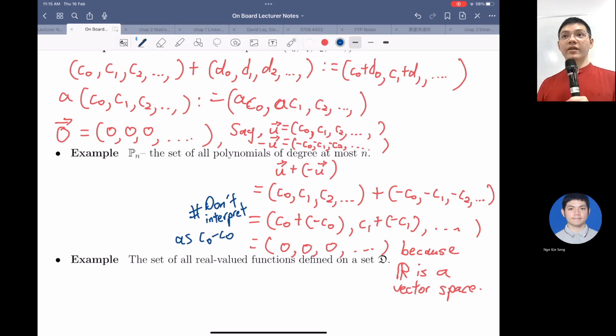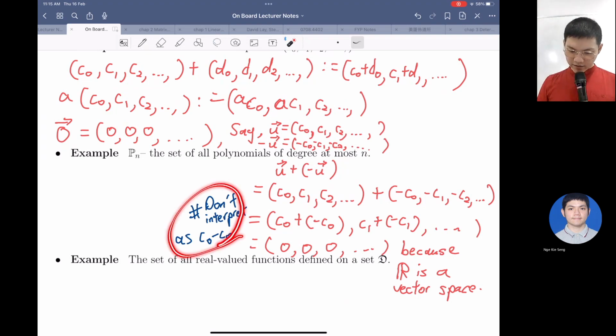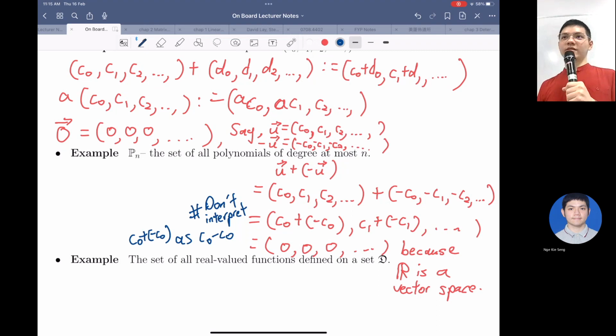Really, what is minus c0? Minus c0 is the thing that you add to c0 to get 0, because R is a vector space. So we don't interpret c0 plus minus c0 as c0 minus c0. This is the formality of the mathematics.